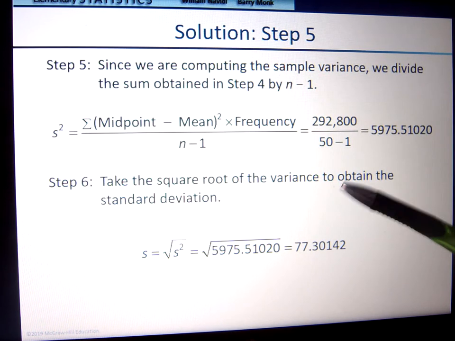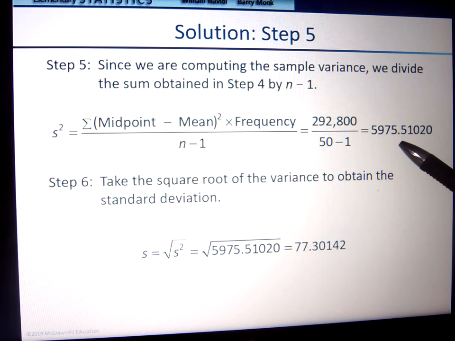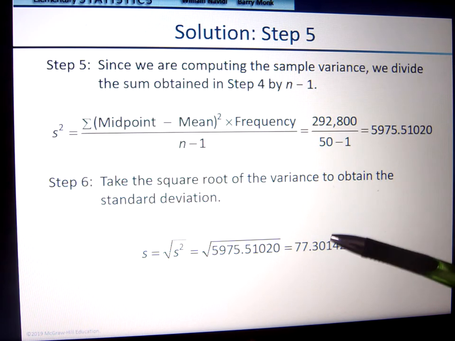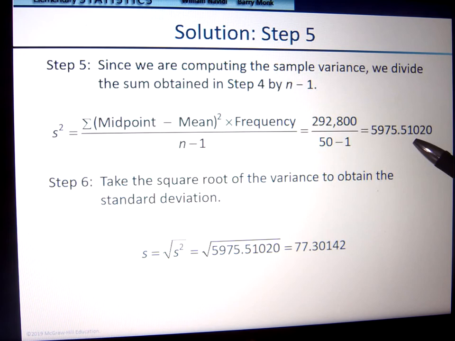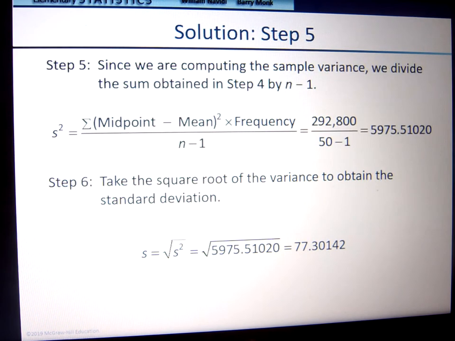So we like to say 0.5102. If we take the square root of this, then we will get our standard deviation. And our standard deviation is our approximate spread away from the mean of all the data in the set. So the standard deviation is the approximate distance from the mean of all the data in the set.